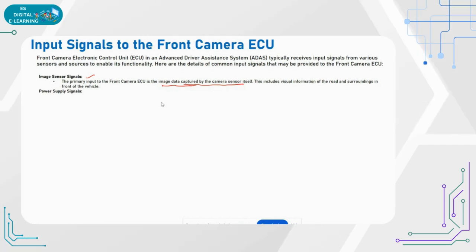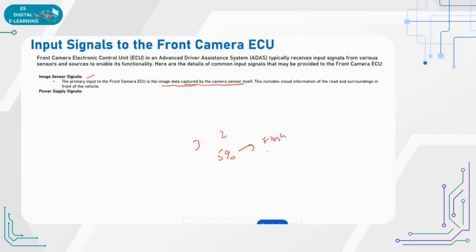The next phase is power supply, because the power supply signal is also one of the inputs. To enable the camera whenever you are taking an image, some current or voltage will be utilized. If you remember, whenever your phone battery is low, like 3% or 2% or 5%, it says that you cannot use the flash or take the photo.